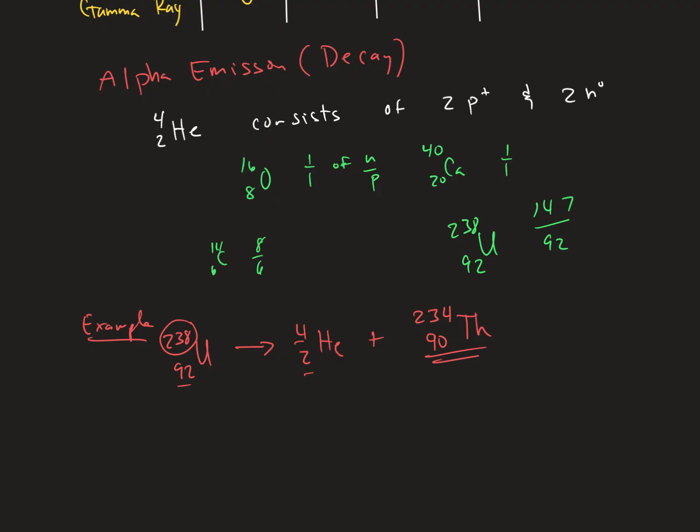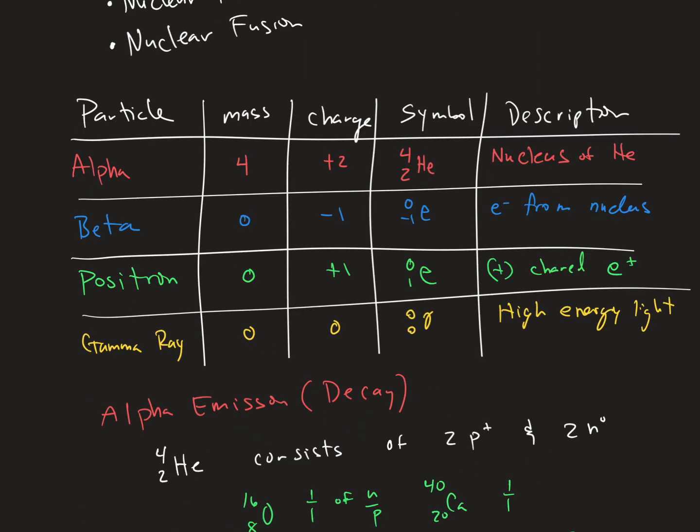It's going to be told to you. But if it tells you an alpha particle is emitted, you have to know that it's helium. If a beta particle is emitted, you have to know it's an electron. And if a positron is emitted, it's a positive electron. You with me?